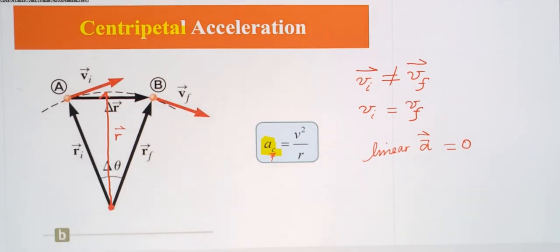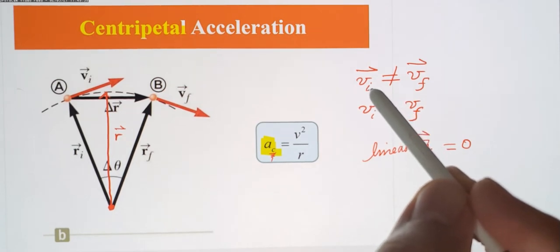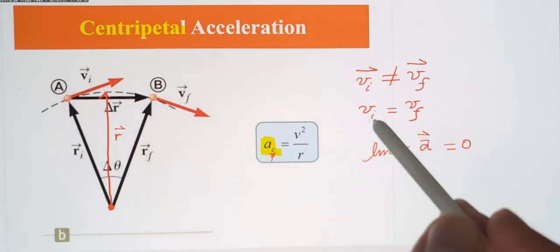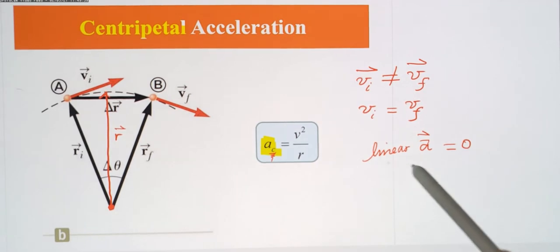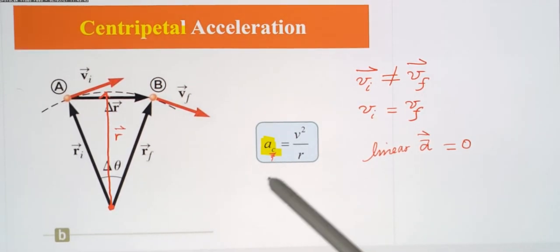So for any centripetal motion, you need something that will force the object to go into circular motion. So in this case, velocity is changing, speed is constant, linear acceleration is 0, and we have centripetal acceleration only.